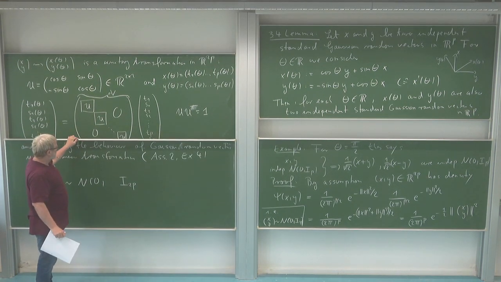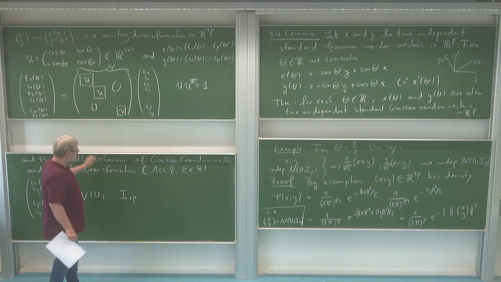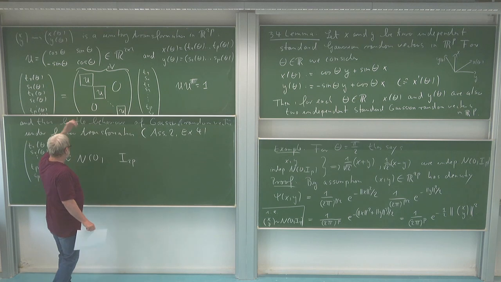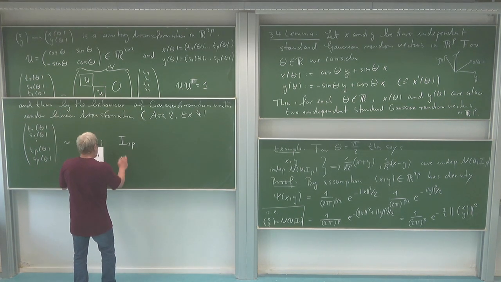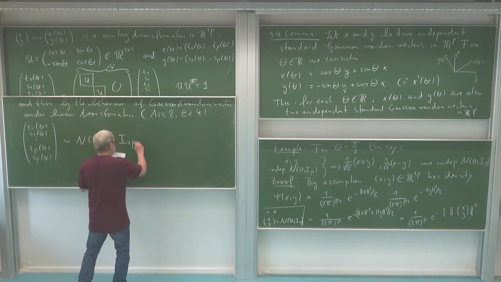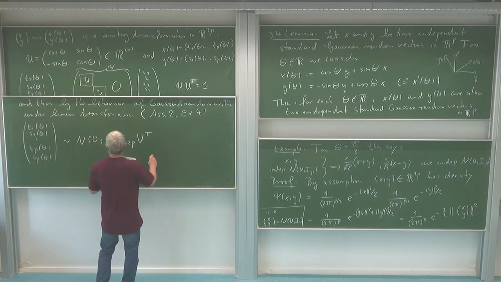And then if I'm acting with a linear invertible matrix V on my Gaussian vector, then the change is that I get V and V transpose, conjugation by V.